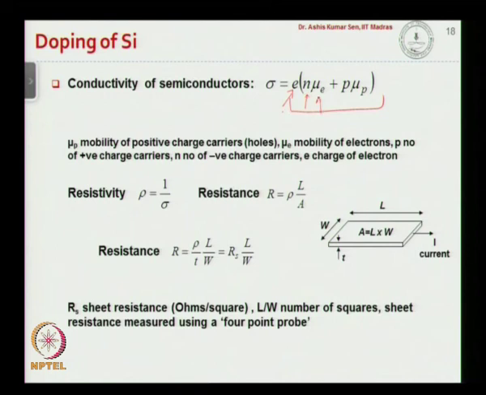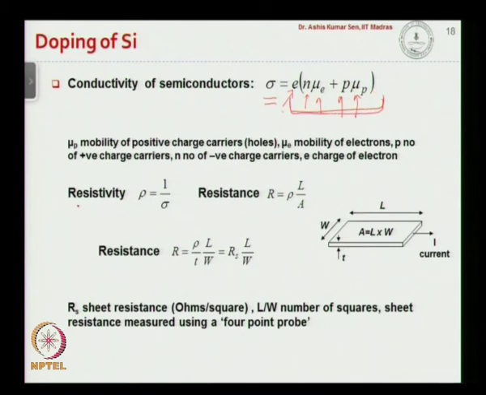Mu e is the mobility of electrons, mu p is the mobility of holes, and p is the number of positive charge carriers. Okay. So the conductivity can be defined in terms of these parameters.